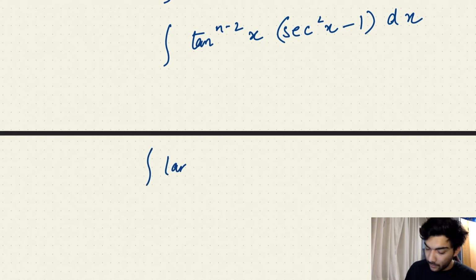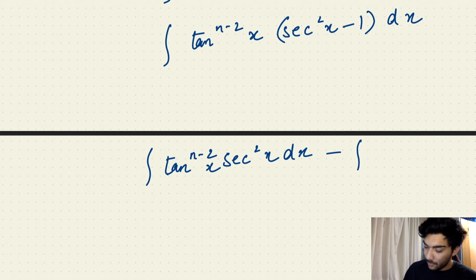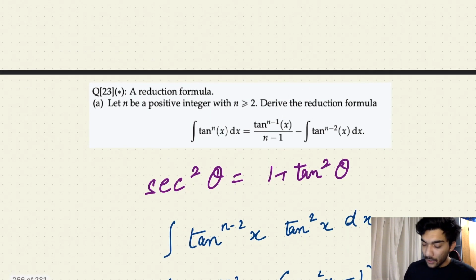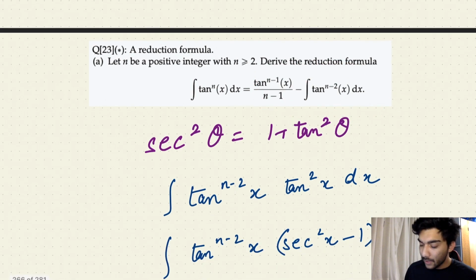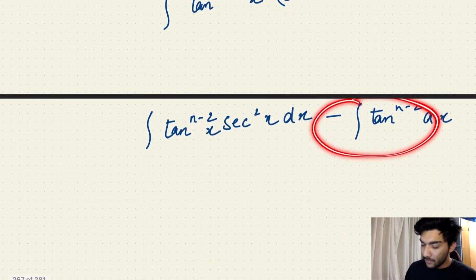So the first portion is the integral of tan to the power n minus 2 x secant square x dx minus the integral of tan to the power n minus 2 x dx over here, right? And in the original expression on the right hand side, we have a minus tan to the power n minus 2 x integral, which we have over here.